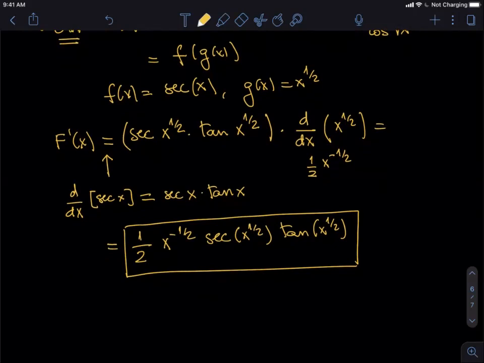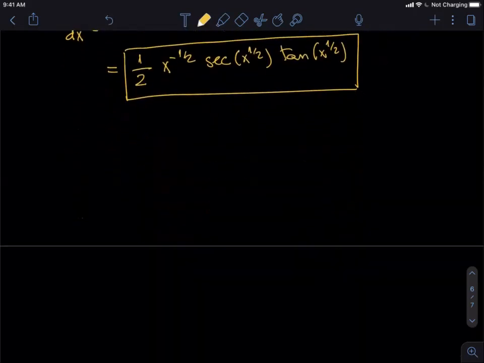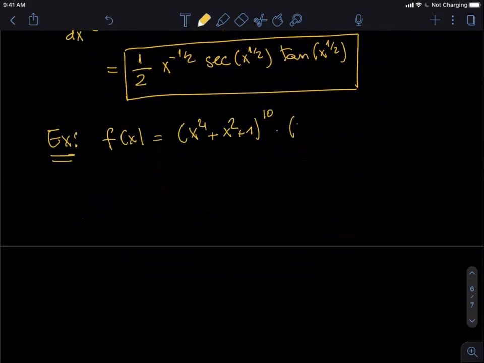Okay. One thing that is important to realize is that we can combine the chain rule with the product rule or the quotient rule. Okay, there are no limits there. For example, let's say we do this function f of x, that is x to the power 4 plus x squared plus 1 to the power 10 times x to the power 8 plus 2x plus 3 to the power 12.